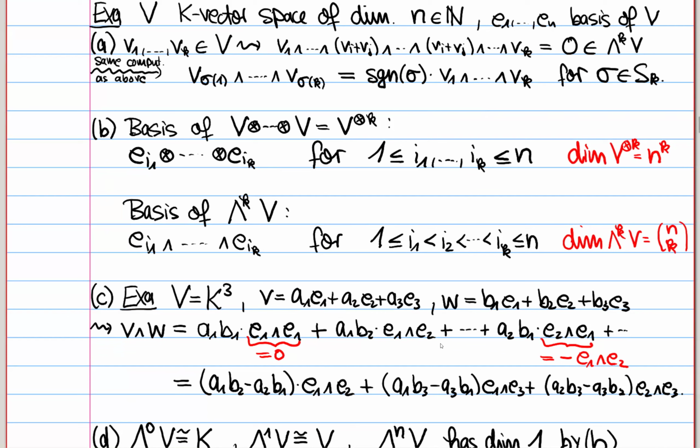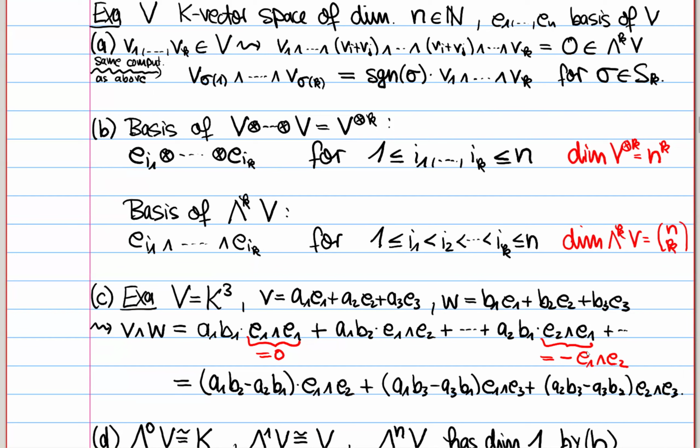This turns out not to vanish, and here you get, as the vector part, an e1 wedge e2. And then if you pair this term with this term, then you get a2 b1 and this wedge in the opposite order. And then we do exactly what we discussed in part A. If we switch the order in this wedge product, we get a minus sign.